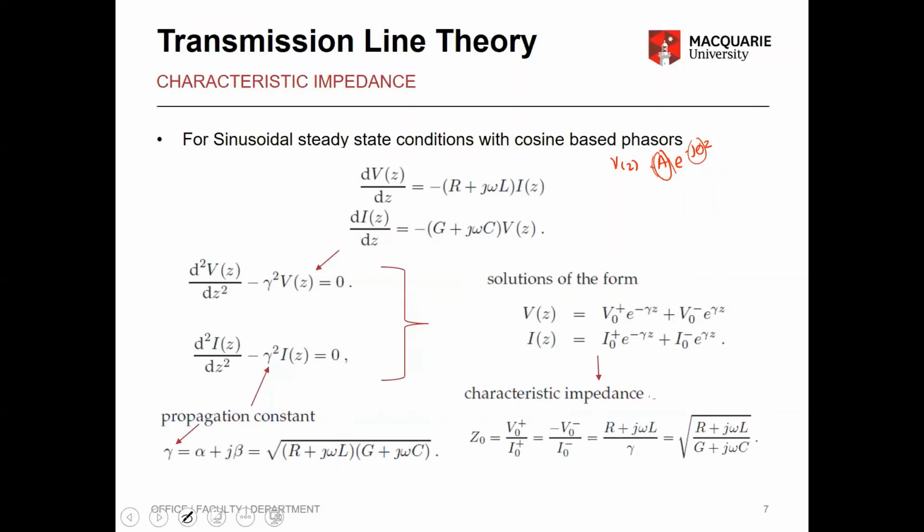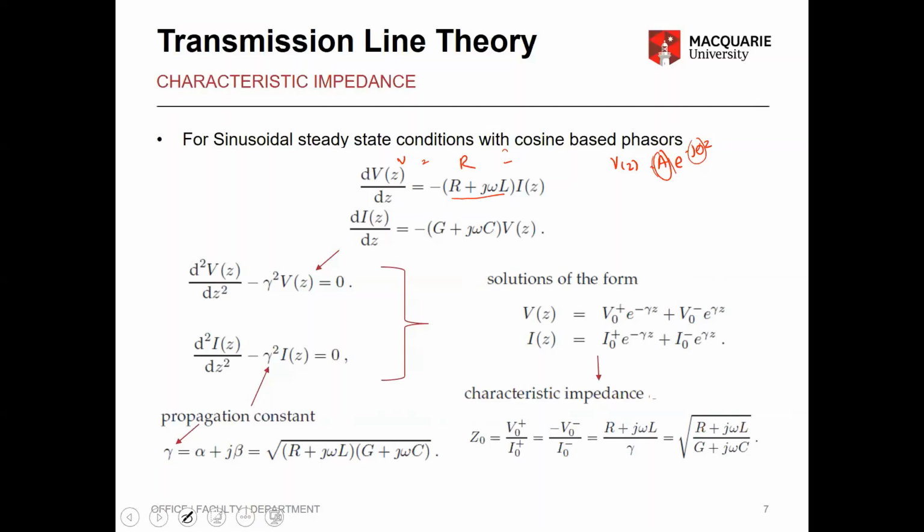So at a particular point, dV(z) by dz equals, so this is pretty much the V equals Ri formula on a small segment.